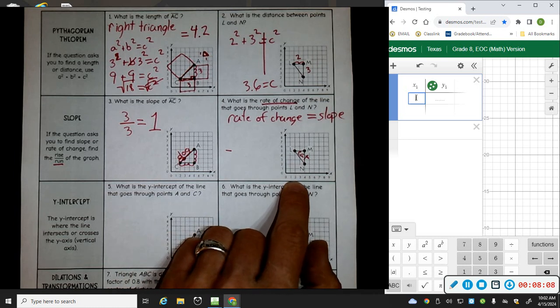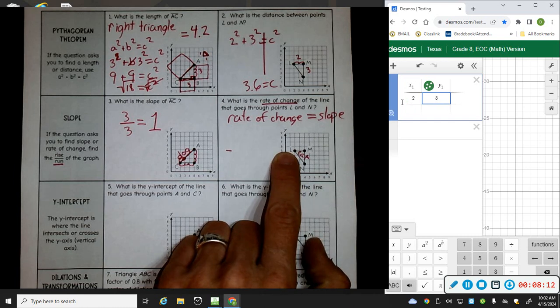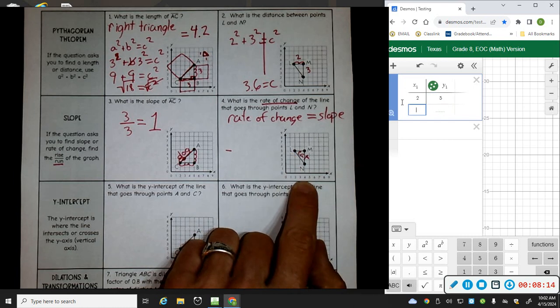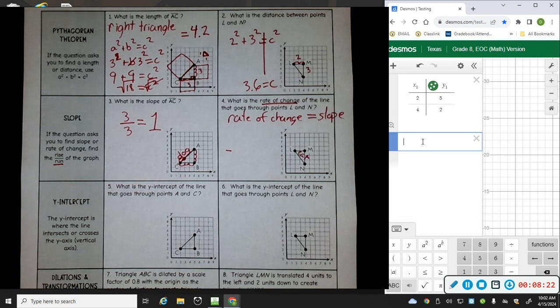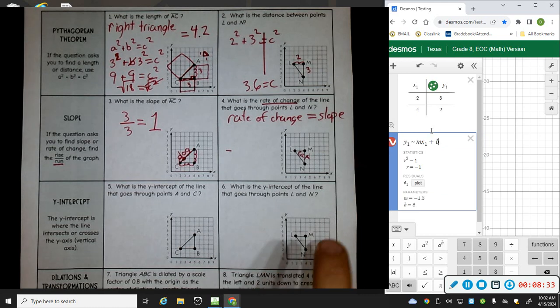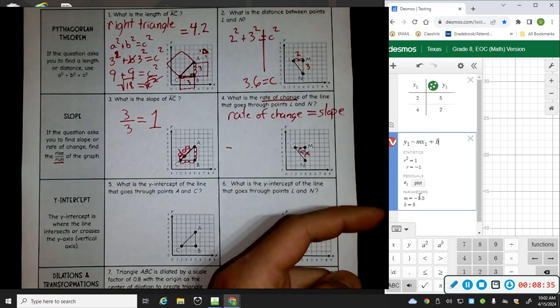So we've got 2 and 5, that first ordered pair on top, and we've got 4 and 2. Then we're going to use the equation we learned, y equals mx plus b, but we're going to type it in Desmos lingo: y1 tilde mx1 plus b. And there's our answer, right down here.